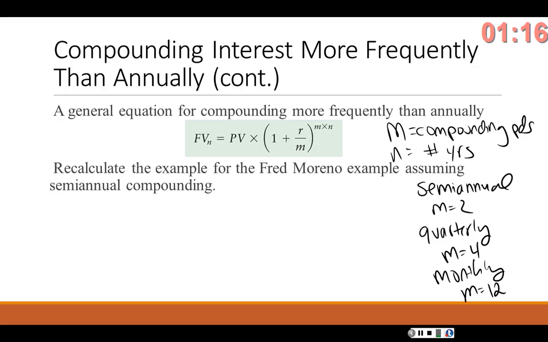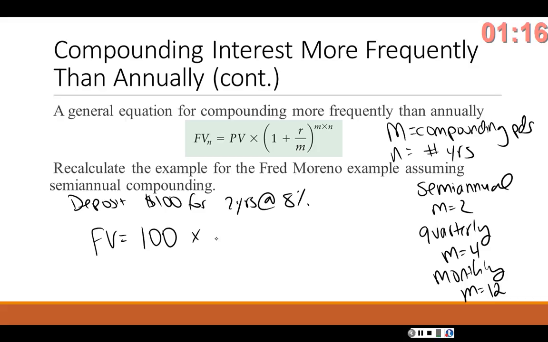So if we were to do the earlier example using semi-annual compounding, remember this was deposit $100 for 2 years at 8%. How much is this worth at the end of the 2 years? So here the future value would be equal to the present value, the amount deposited, times 1 plus the stated rate divided by the number of compounding periods.